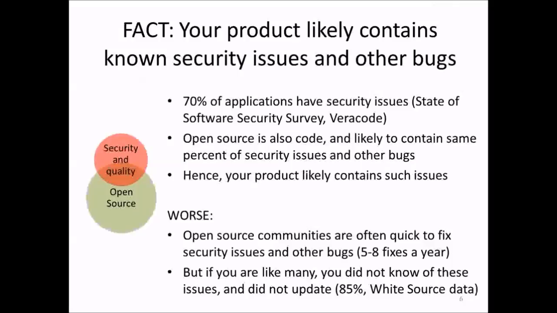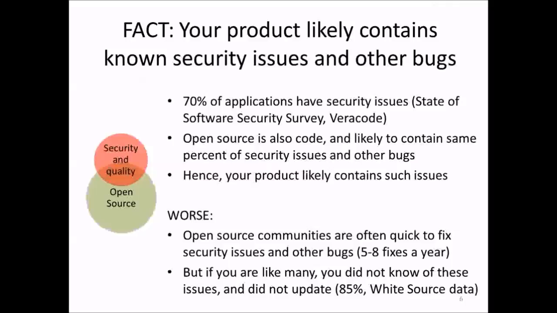Open source is just like any other software. It's written by developers, and it's susceptible to all kinds of flaws, issues, bugs, and security holes. So there's a good chance that your product also has them.